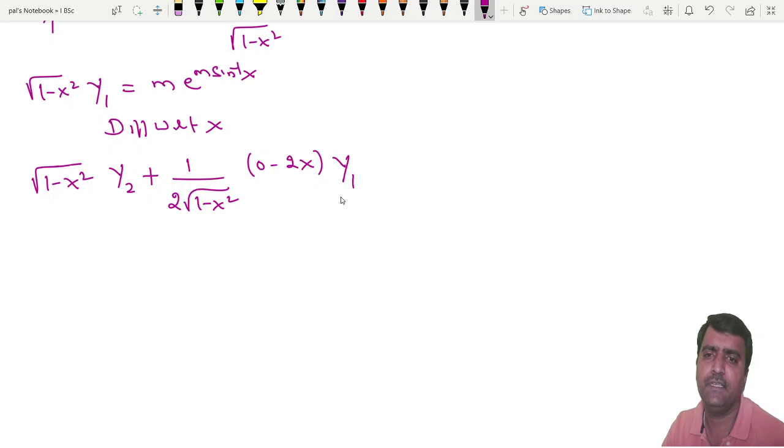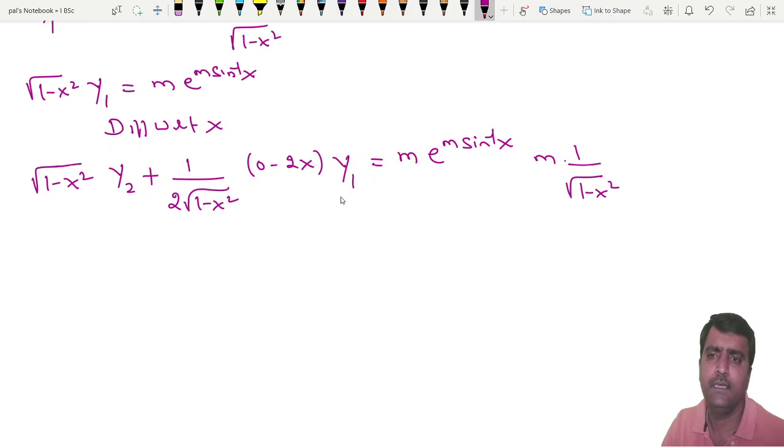Into y1, that term as it is, which is equal to, here m is a constant, keep m as it is. The differentiation of e to the power of m sin inverse of x is e to the power of m sin inverse of x. Again the differentiation of m sin inverse of x is m into 1 by root of 1 minus x square. So now here this 2 and 2 cancel. Now you take root of 1 minus x square as LCM.